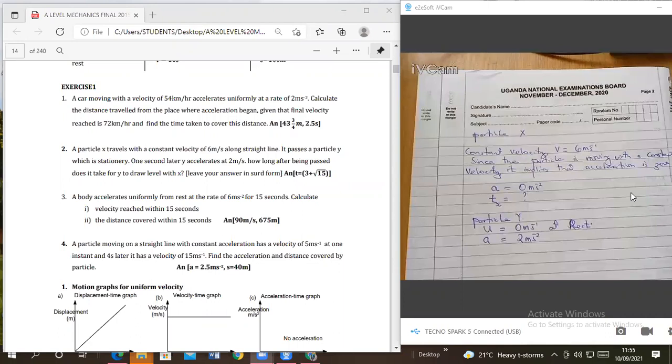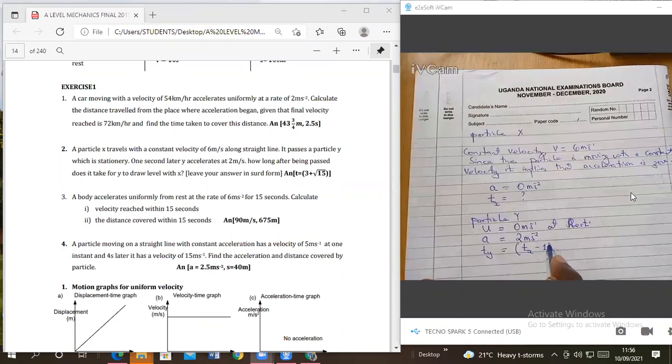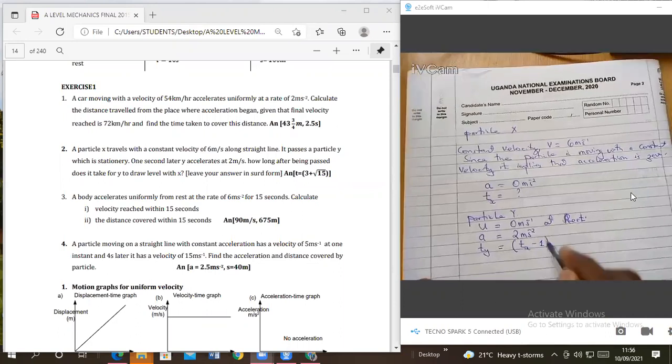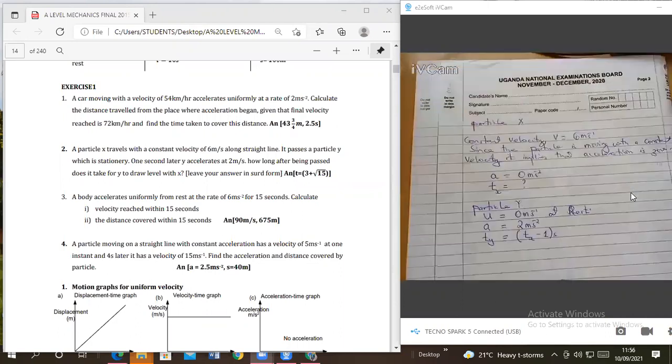So which means Ty should be Tx minus 1 second, so that they can be at the same level. Stephen, are you getting me? So that's the condition for bodies to be at the same level.